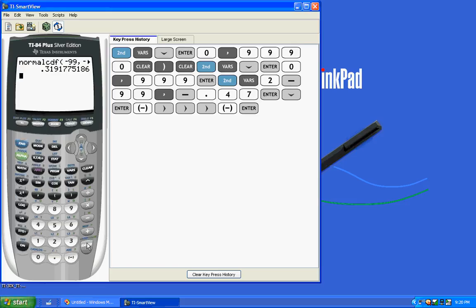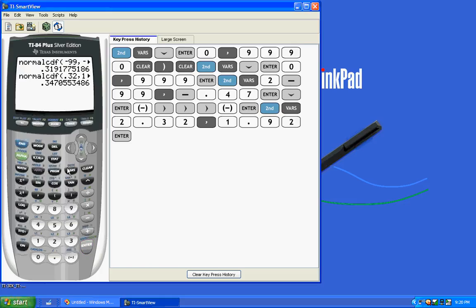Here's one that if you jump down to E that we did, so second DISTR, number 2, that one said between 0.32 and 1.92. So that's my left and right bounds right there. So 0.32, comma, 1.92, and it looks like, and I'm just catching this, in the notes I transposed the 9 and the 2, and I worked the whole problem doing 1.29.